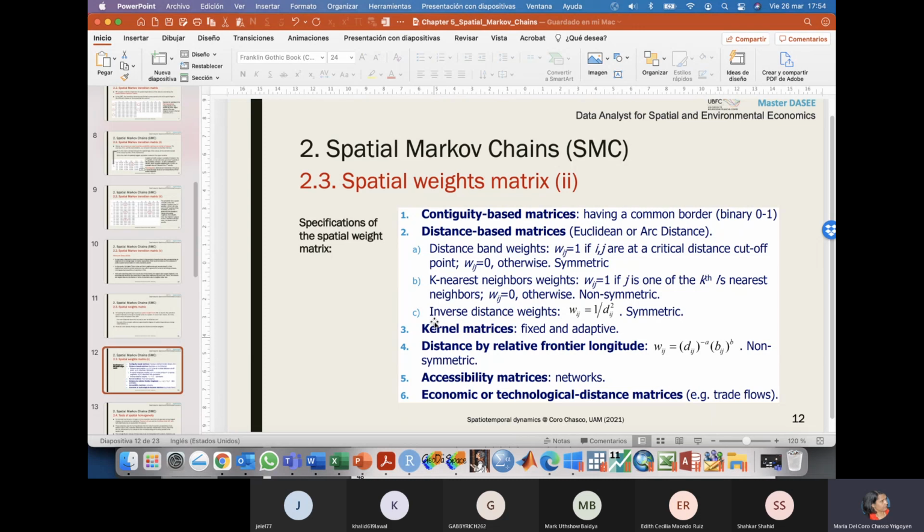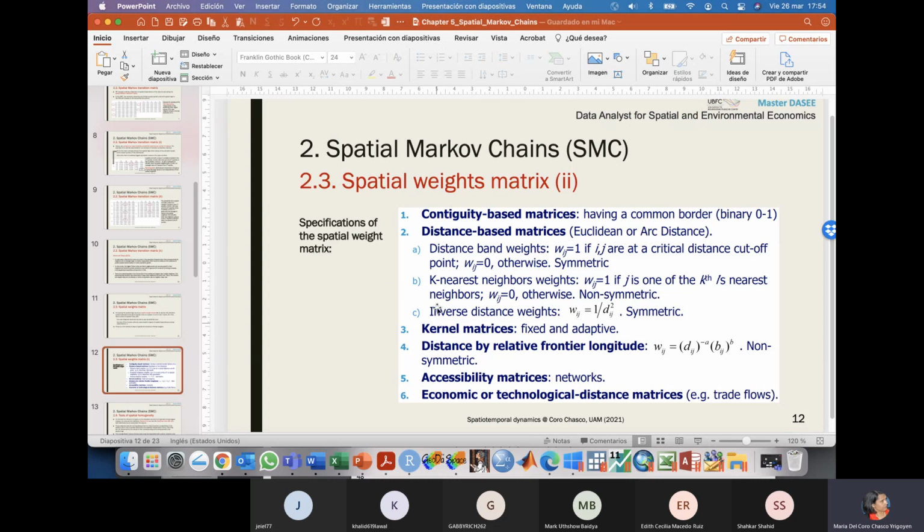So my neighbors are only inside a radius. This is a critical distance cutoff, and you can consider that the elements that are inside get the value 1 because they are my neighbors, and the ones that are outside will get the value 0.